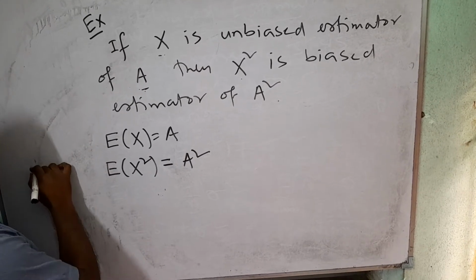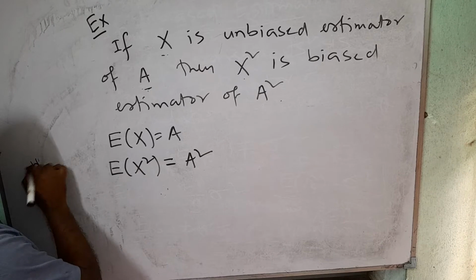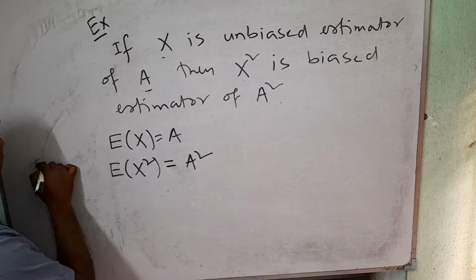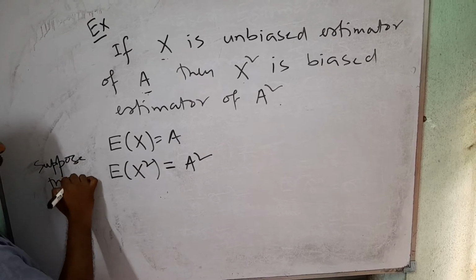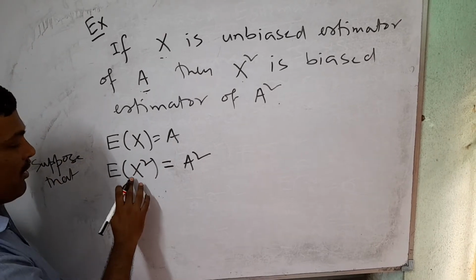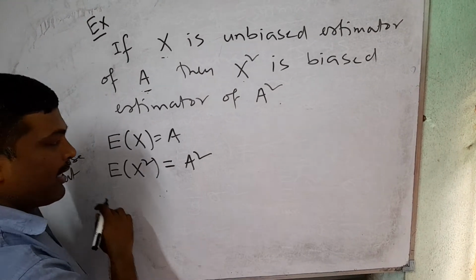We suppose that E of x square equals A square.